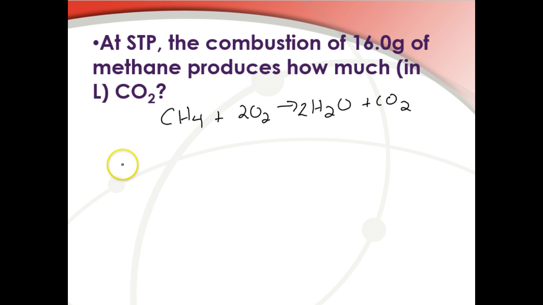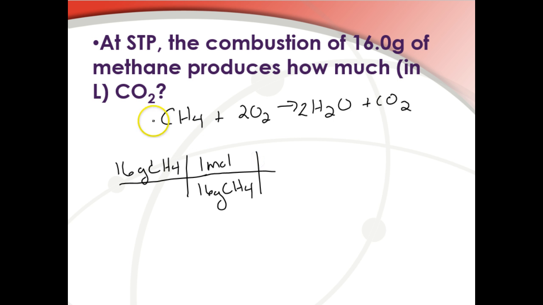So we've got 16 grams of methane. Now I did this on purpose, so the math would be easy. My molar mass for methane is 16 grams per mole. Carbon's 12, hydrogen's 1. My molar ratio here is 1 to 1.